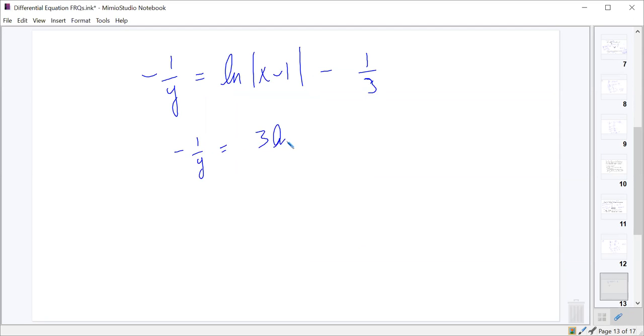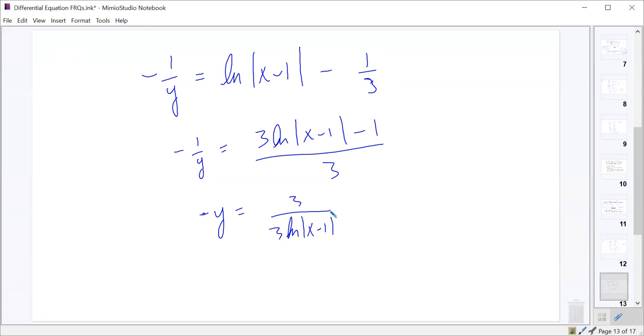So 3 natural log absolute value x minus 1, minus 1, all over 3. Then we'll take our reciprocal. Negative y equals 3 over 3 natural log absolute value x minus 1, and we'll divide by a negative. So we'll call that y equals negative 3 over 3 ln absolute value x minus 1.